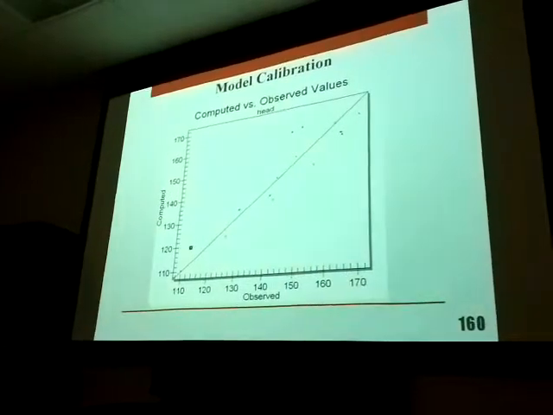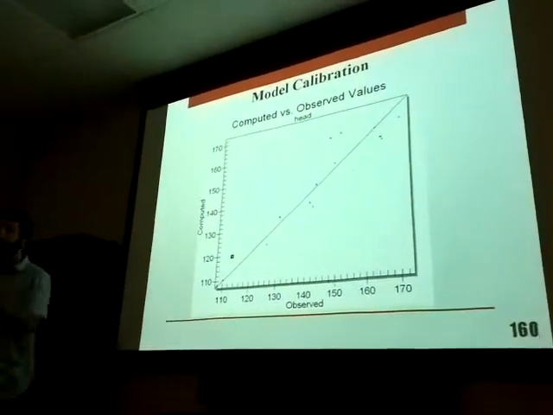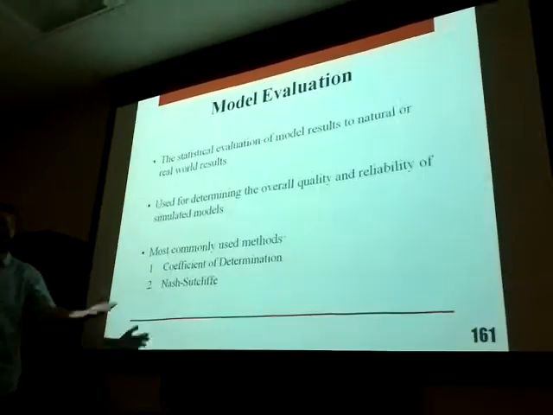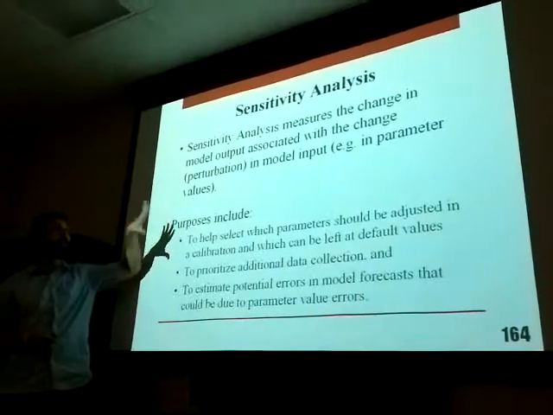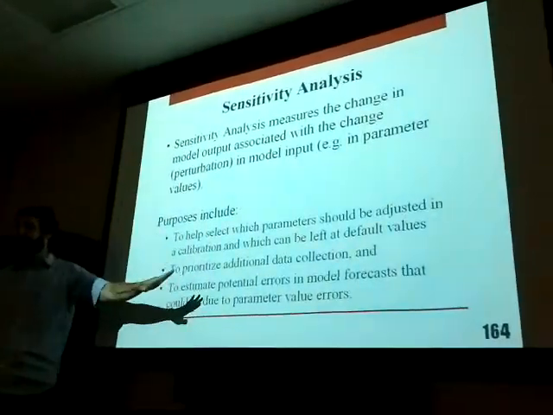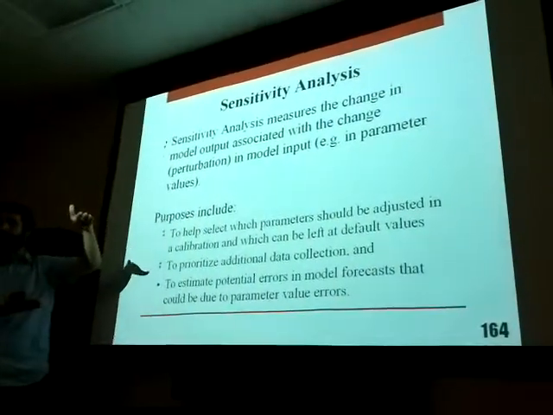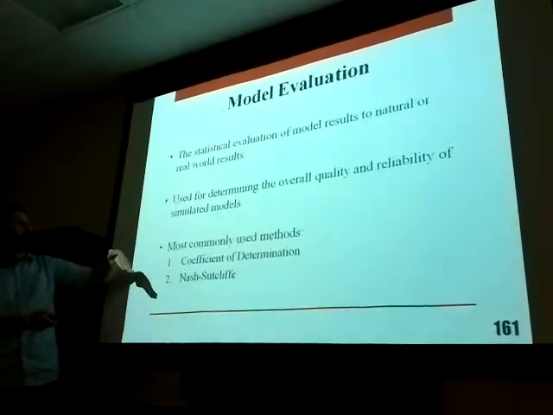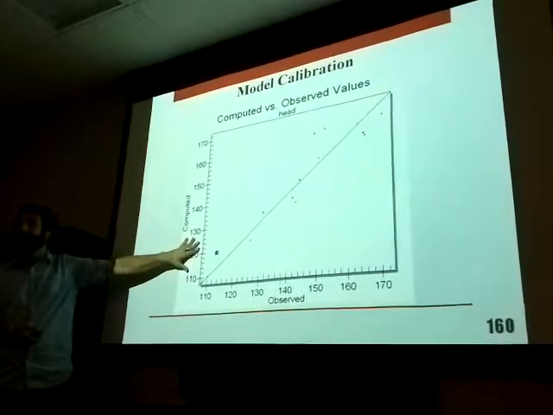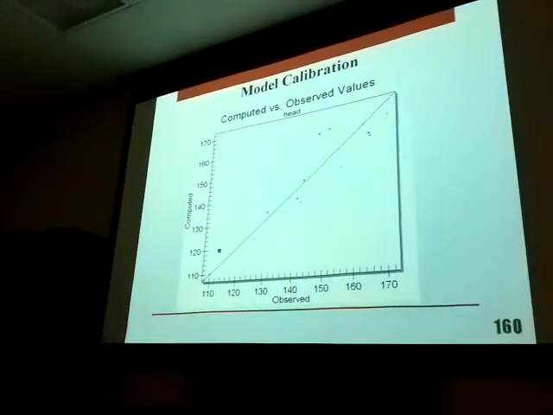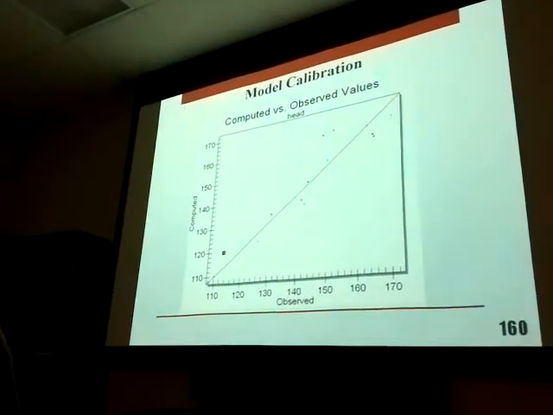Which ones? Stream flow. The most sensitive. So I would actually run sensitivity analysis first. The first thing I do. It would give me my 10 parameters. Then I would tell the model to do those 10. Okay?